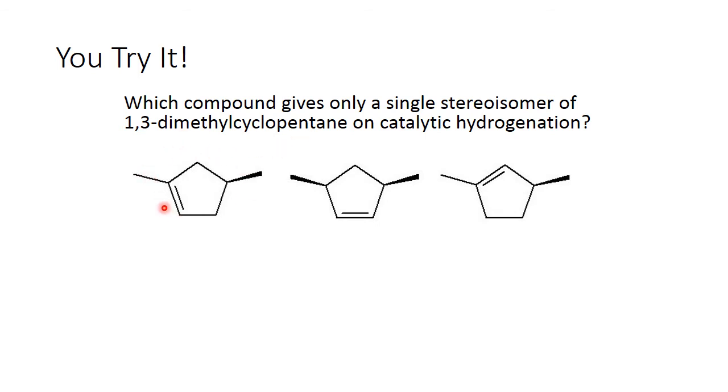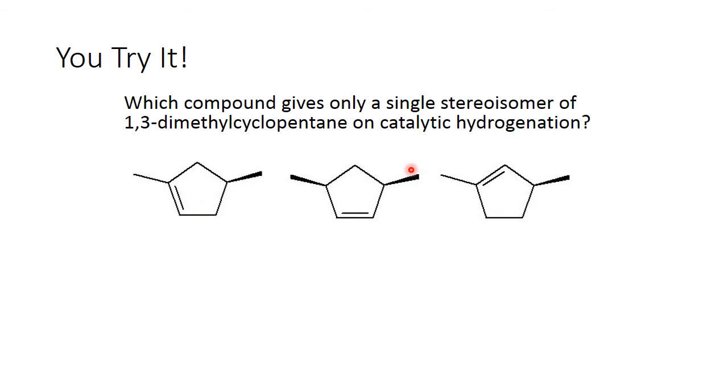If I look at this, because hydrogenation can occur on the same side as this methyl up as on the other side, and here again it can occur on the same side as the methyl group or on the opposite side. All of these will give you both the cis and the trans dimethylcyclopentane.